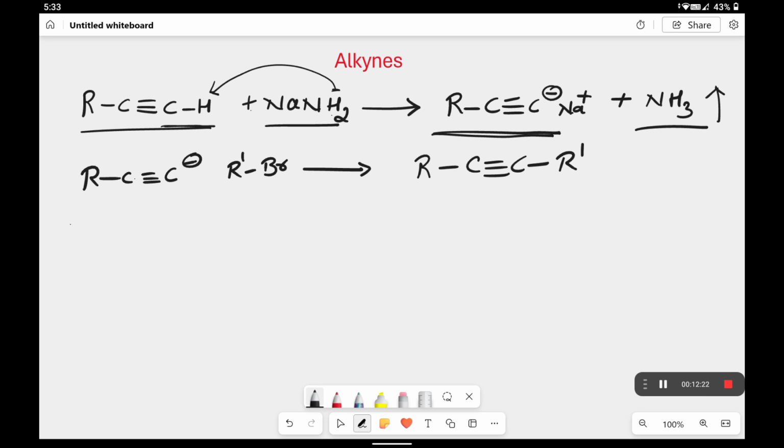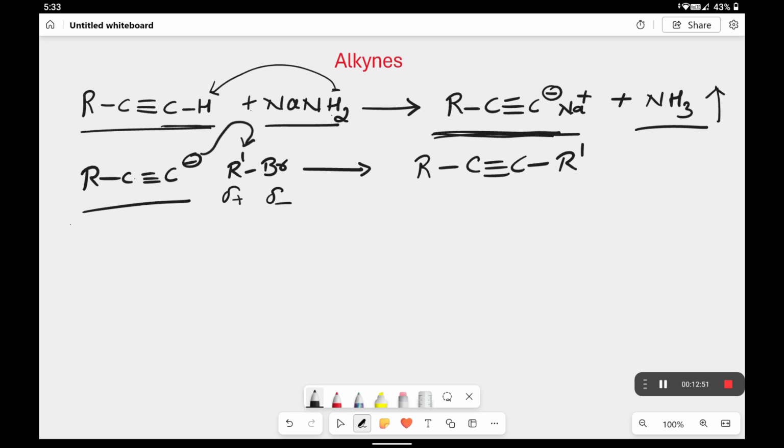Then this acetylenic carbanion can add to any alkyl halide, usually a primary halide. This nucleophile comes and attaches to the carbon atom of the alkyl halide, because that carbon carries a partial positive charge while halogens carry a partial negative charge.